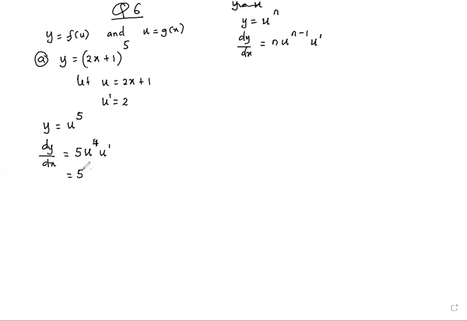So the u now is 2x plus 1, and then power 4, and the u prime is 2. So the answer is 5 times 2, we get 10, and then 2x plus 1 power 4.